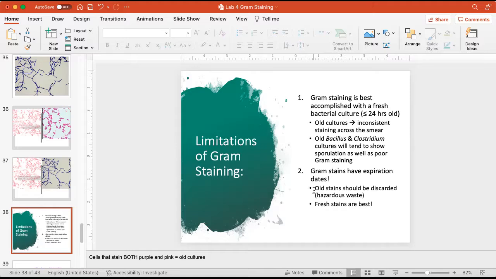Old stains have to be discarded because they just don't work. Fresh stains are the best. So those gram staining kits we buy are going to have an expiration date. And in my experience, they usually last about a year.